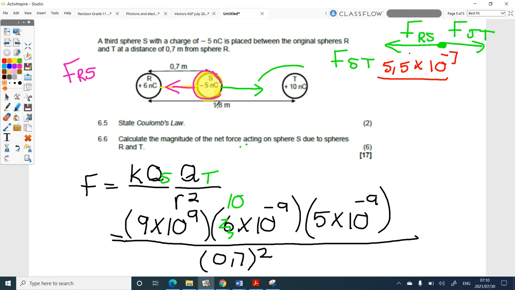And the distance, they've given us the total distance as 1.8. And remember we are interested in this distance between the two objects. So this is going to be 1.8 minus 0.7 meters. So this distance is not going to be 0.7 anymore. It's going to be 1.1 squared. And that's why this will only probably give you 1 mark, because you're doing the same calculation just with different values. And now you're going to get that other force, this green force.